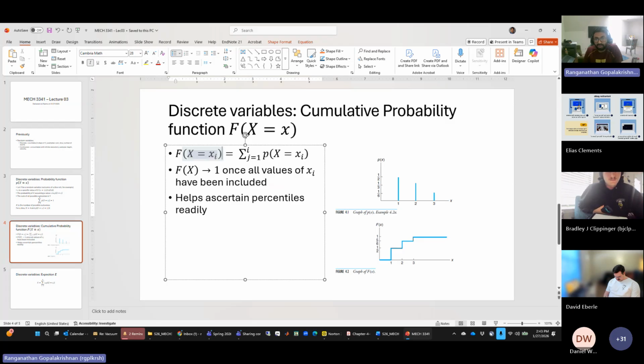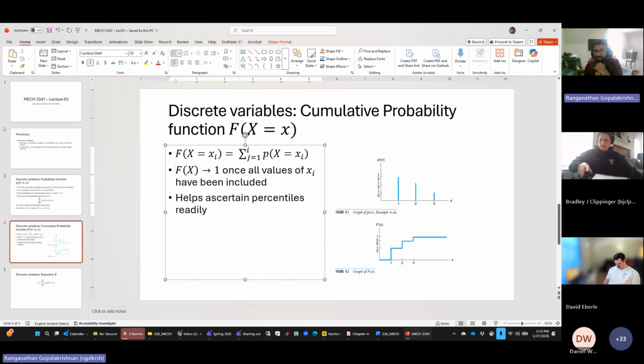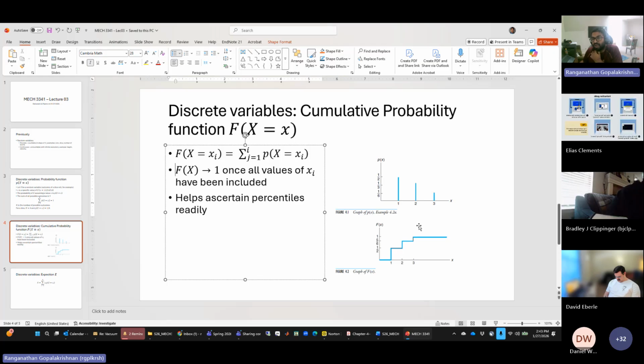I'm going to stop saying uppercase X aloud. I'm just going to say F of xi, denoting that the random variable assumes a value of xi. F of xi is the sum of the probabilities from 1 until xi. So you have to sum all the probabilities. And obviously, if you include all the possible values of xi from, let's say, 1, 2, 3, 4 up to 5 or whatever the upper limit is, all of them should add up to 1.